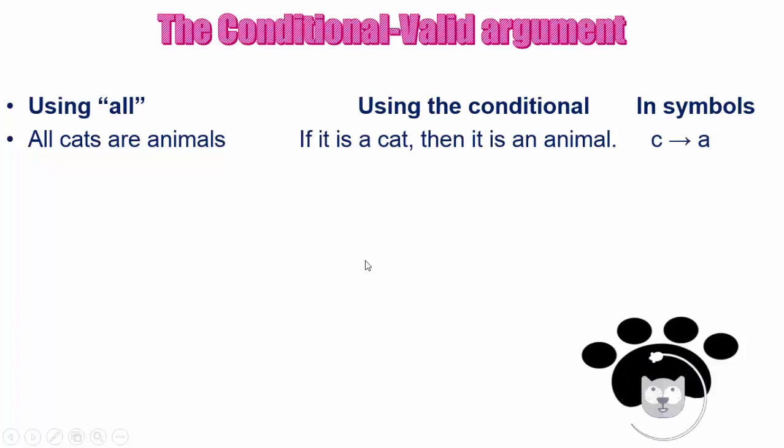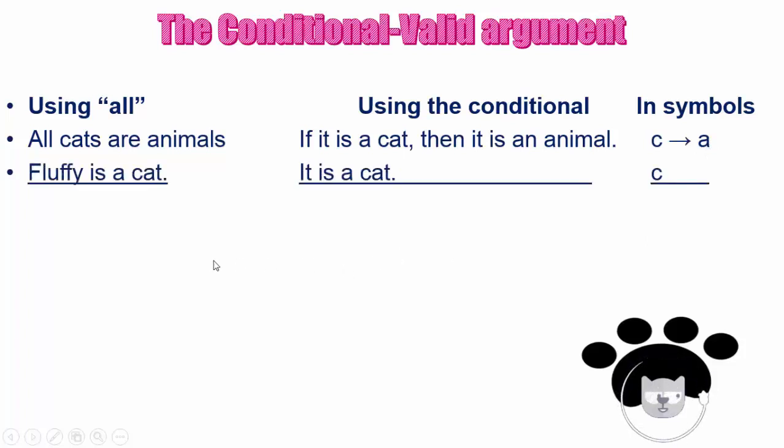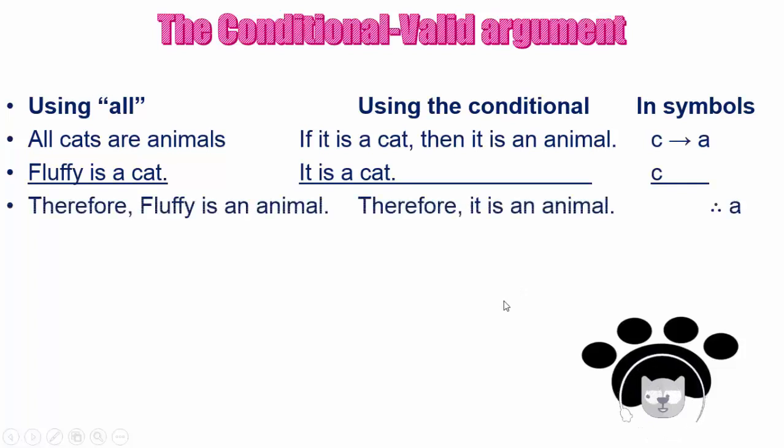Now for my second premise, Fluffy is a cat. Here I'm going to drop the name of the cat, and I'm just going to say it is a cat. So we have here C. And then finally, therefore, Fluffy is an animal.